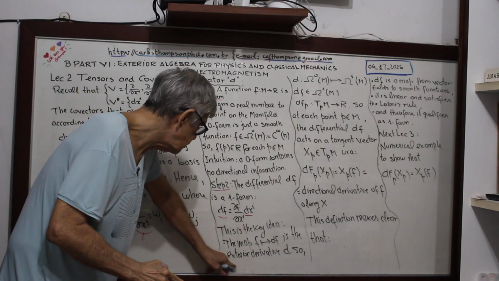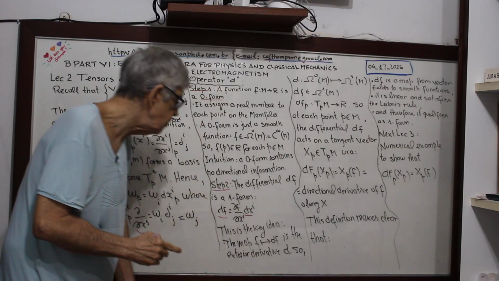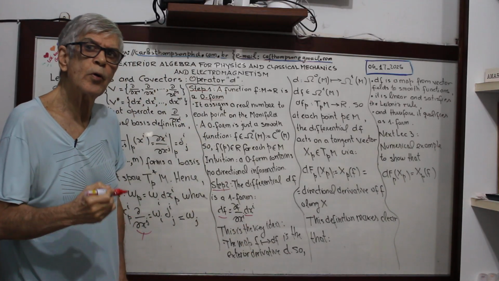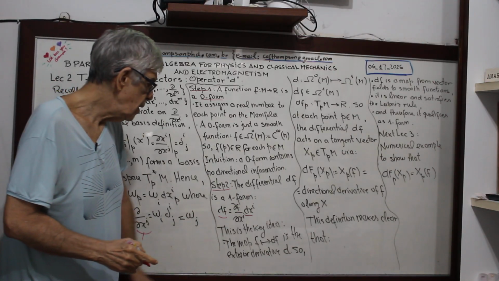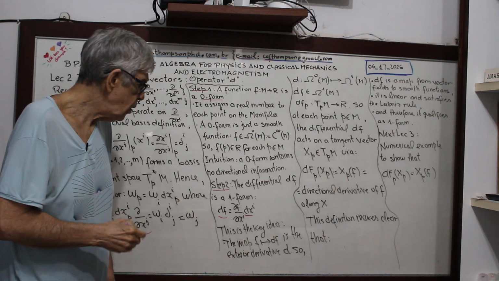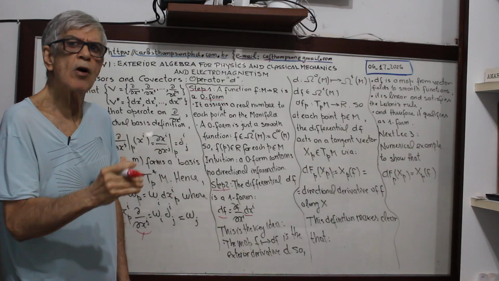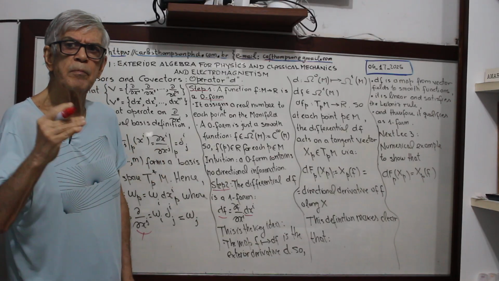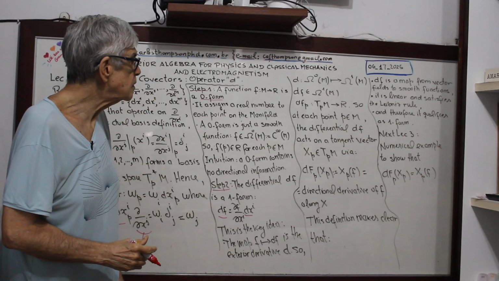This is the exterior derivative d, you see? So d is an operator that increases the form degree by 1. In the next lecture, when you have a k-form, d applied to a k-form leads to a (k+1)-form. That's a very interesting property.